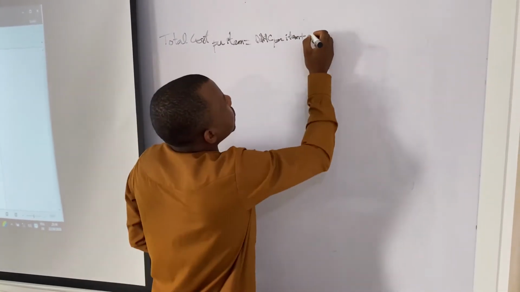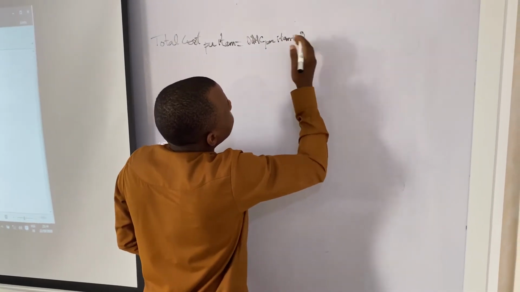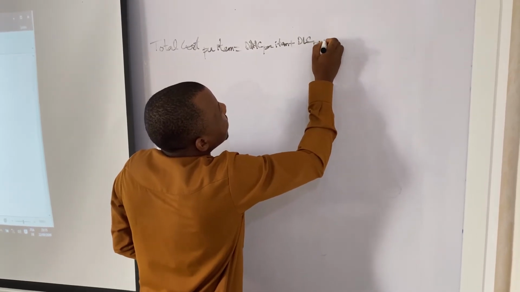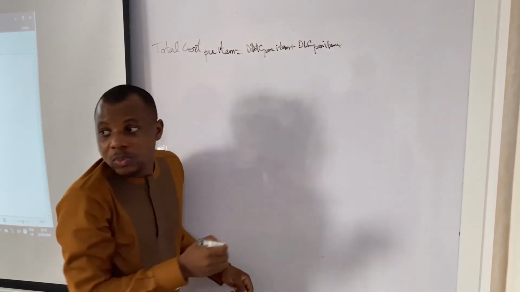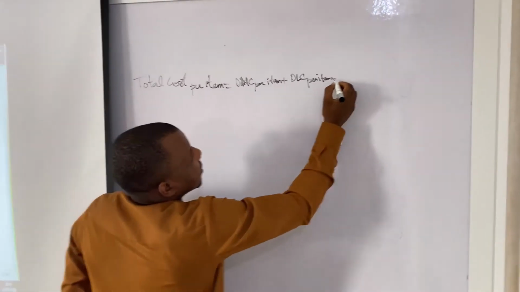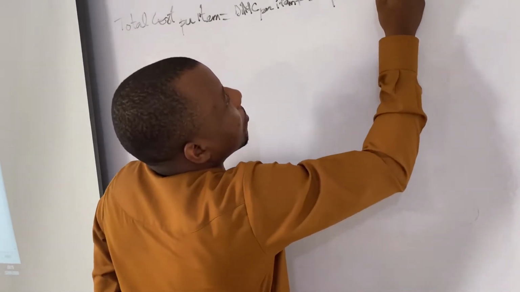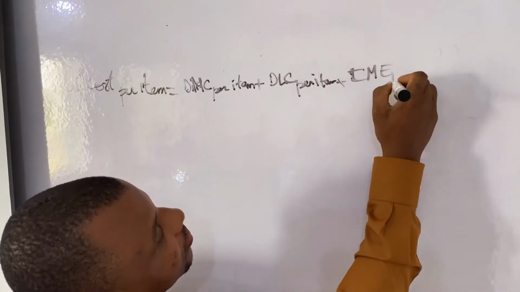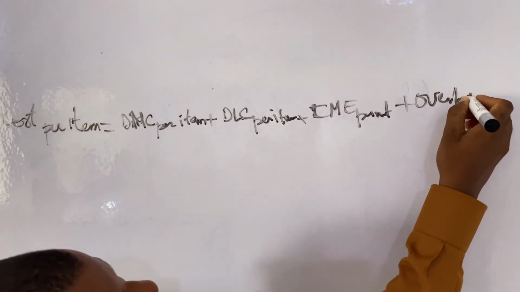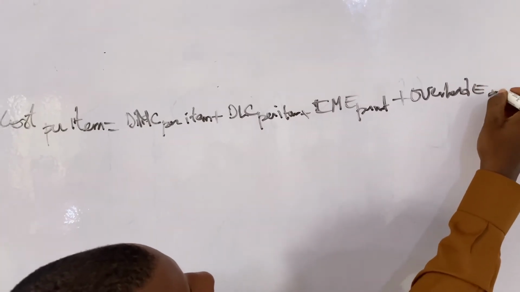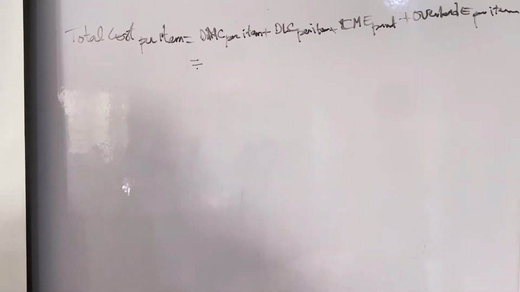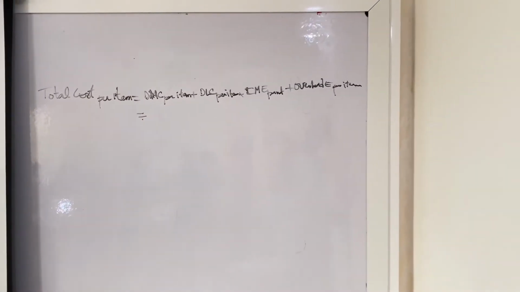Plus direct labor cost, right? Direct labor cost per item. Yeah, you forgot about indirect manufacturing expenses per item, exactly, plus overhead expenses per item. I hope you guys can add up all that.